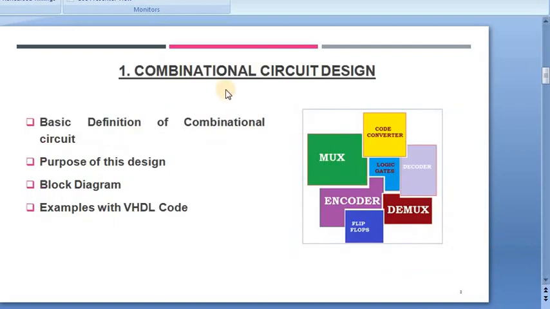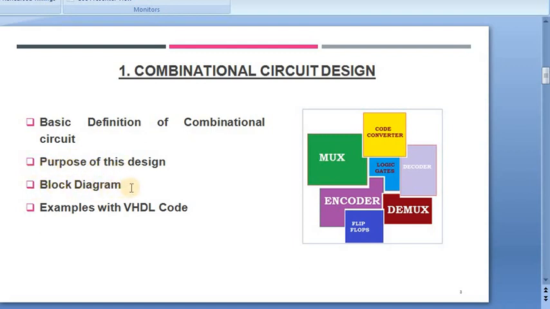Let's move to the next slide. As you see in the slide, for better understanding of this topic of combinational circuits, we can further explore this topic in various major categories. These are the basic definition of combinational circuit. Then we study what its main purpose is.